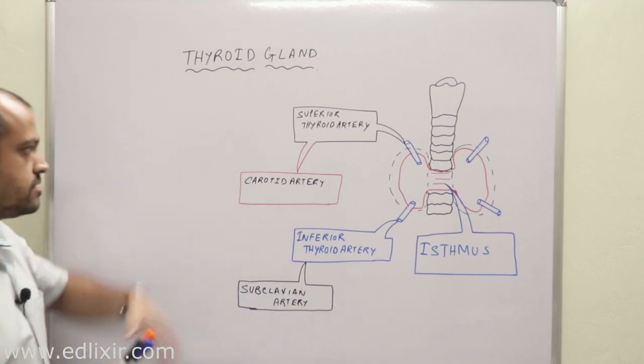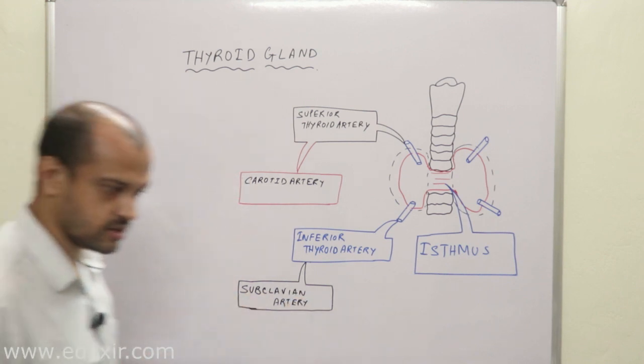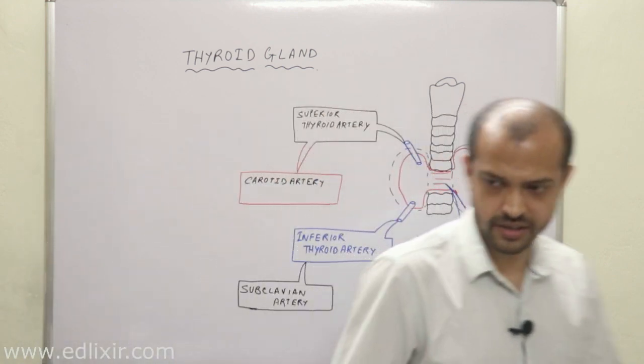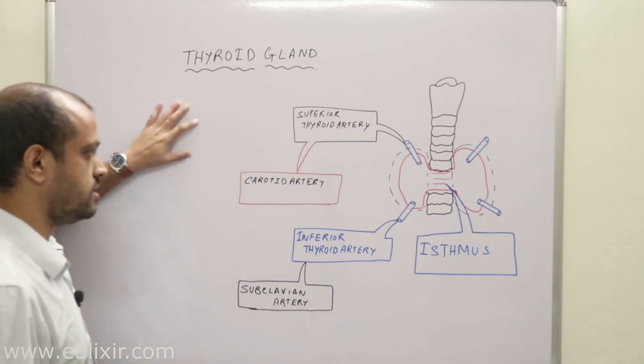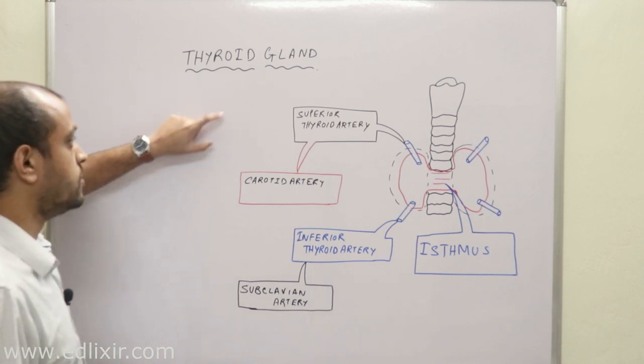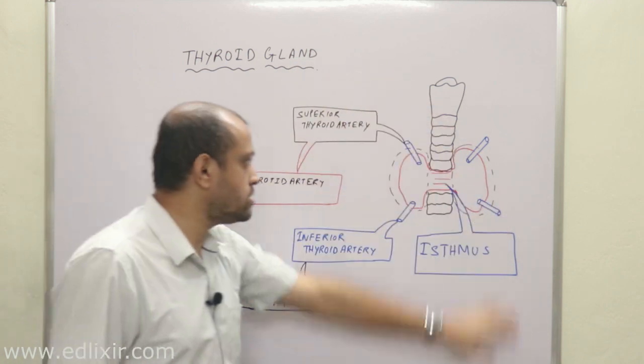Clear? Inferior thyroid artery actually comes from the right subclavian artery. To be very specific, right subclavian artery. We are not going into the details of all this anatomy right now. So this is actually the anatomy of this.